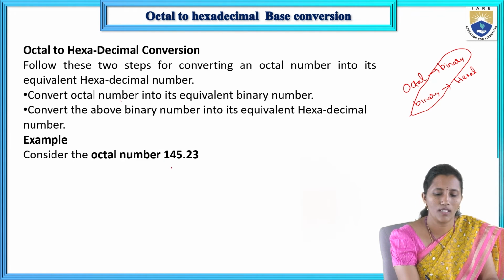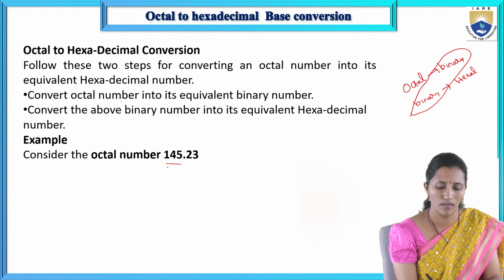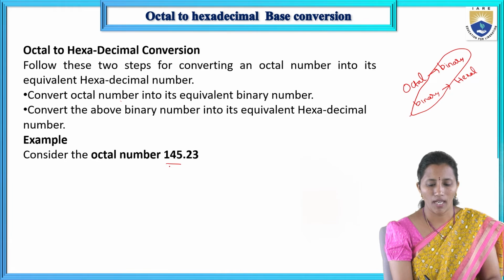For example, if we have 145.23, first we have to convert that octal number into its binary equivalent.